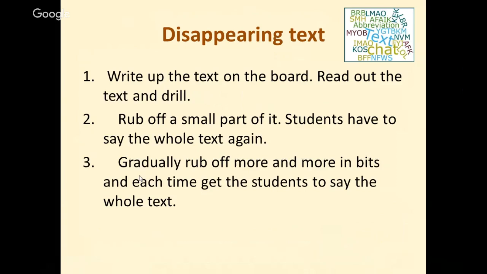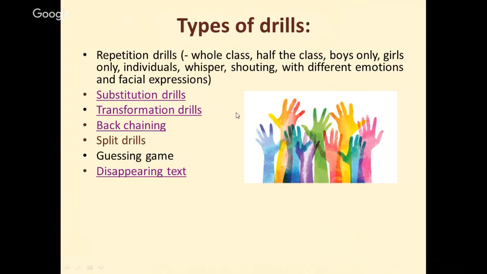They need to say the whole text again using appropriate sounds and appropriate intonation. And gradually, the teacher rubs off more and more bits of information, and each time students need to say the whole text again. So in the end, they will say it correctly. They will surely remember this text or phrase.